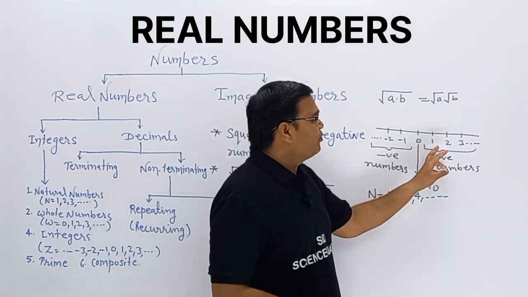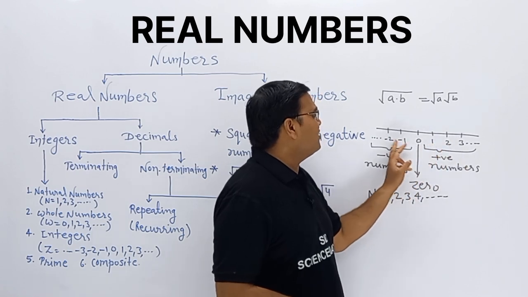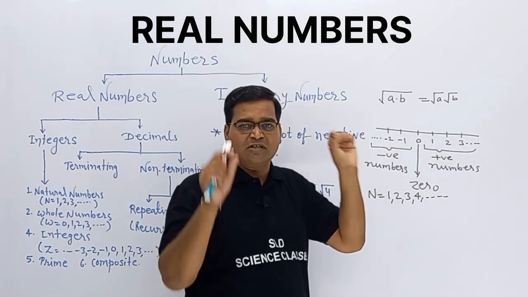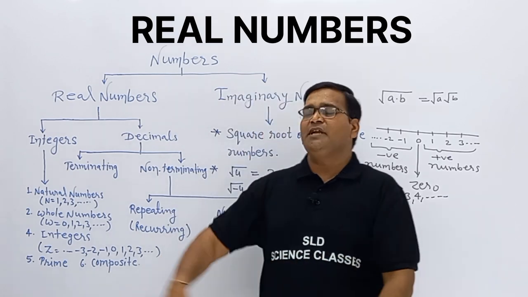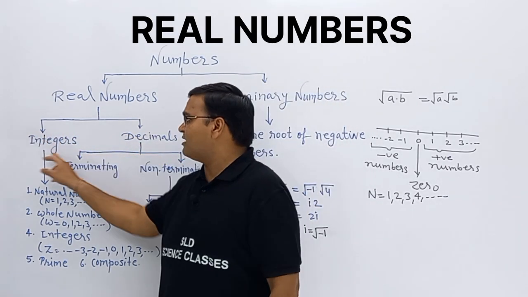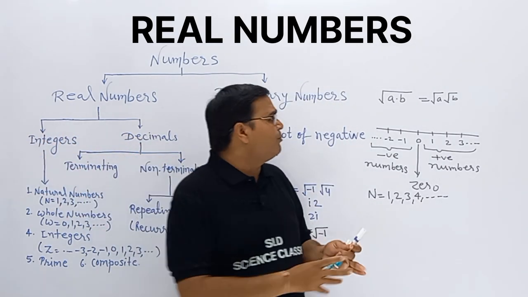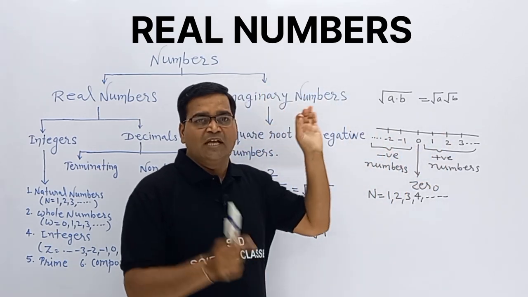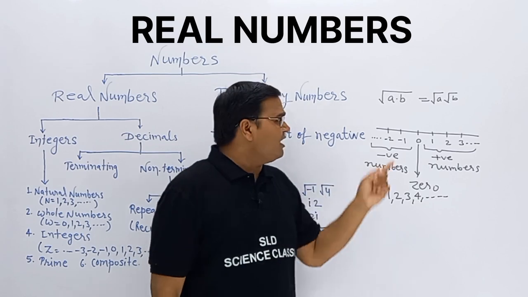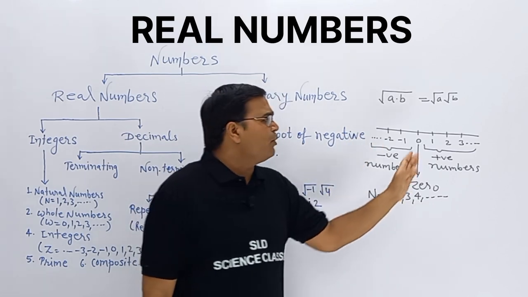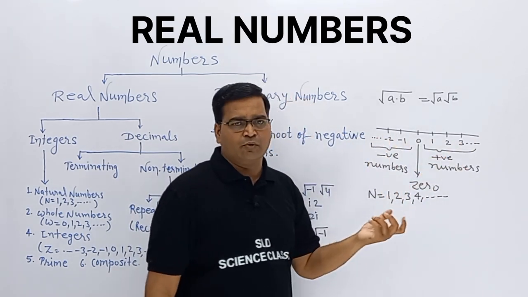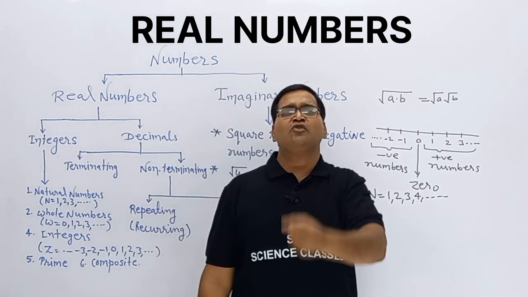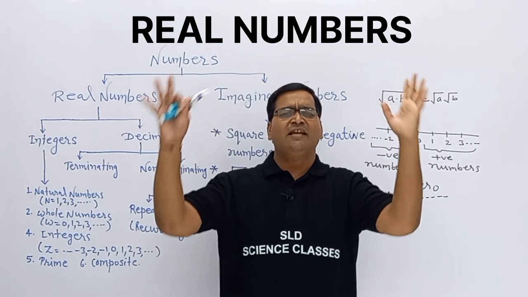These numbers 1, 2, 3, 0, minus 1, minus 2, minus 3 and so on, these complete numbers are called integers. We will discuss later about the integers. But in between two integers, 1 and 2, 2 and 3, minus 1 and minus 2, we are having so many decimal numbers.